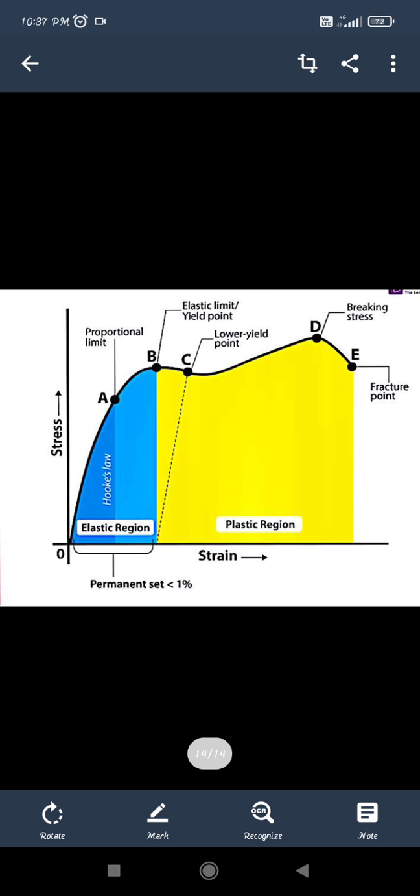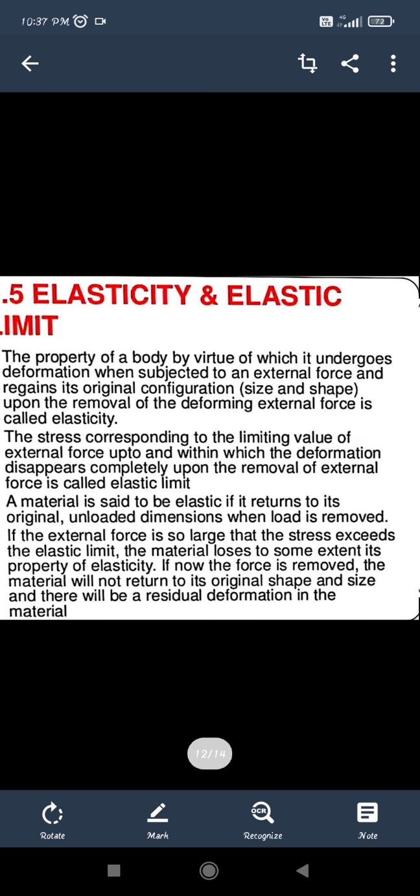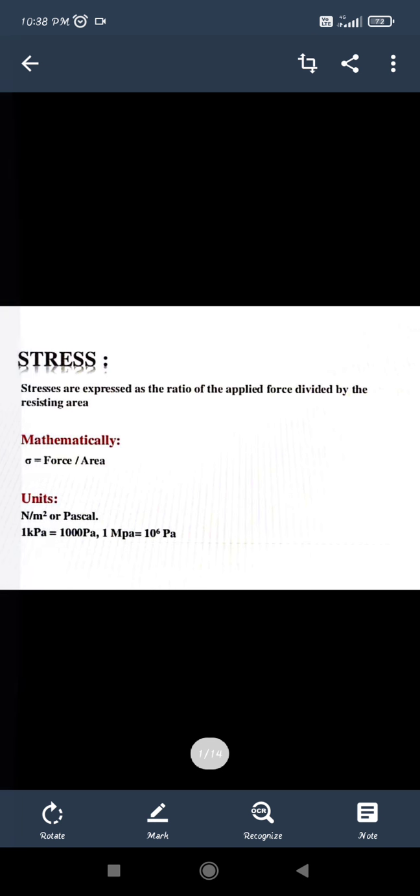In the coming two to three days, we will try to see all these topics which we have already seen in your book. With these images you can be clearer about the chapters, because concepts are more important. After this I will be sending you the PDFs for your questions. You can try to solve them. Mostly the questions come from Young's modulus, bulk modulus, or the modulus of rigidity.